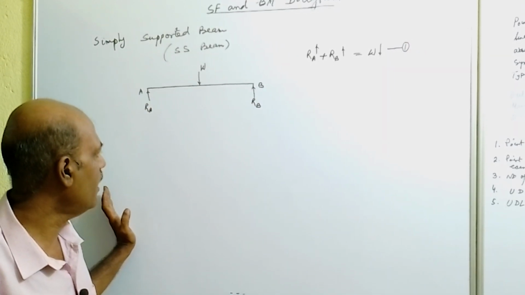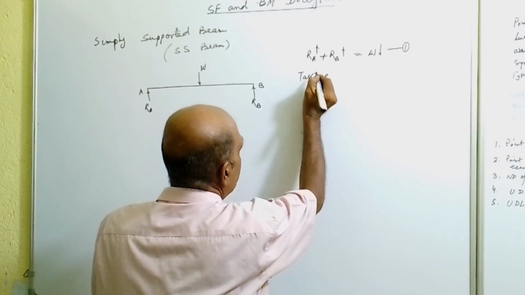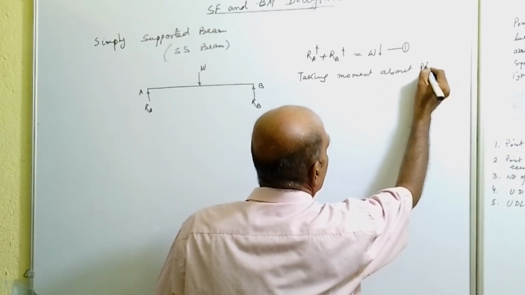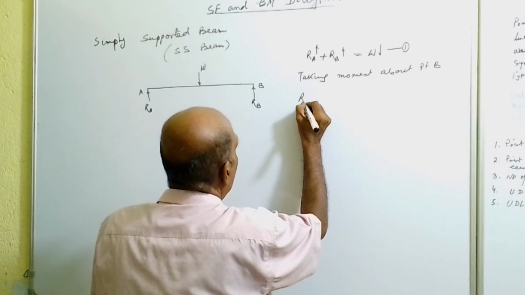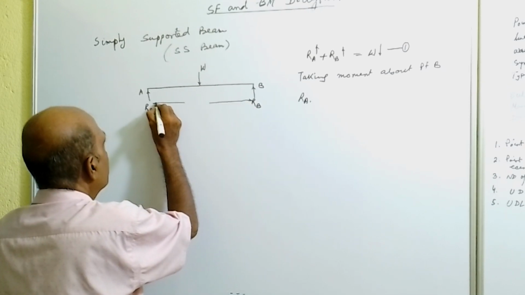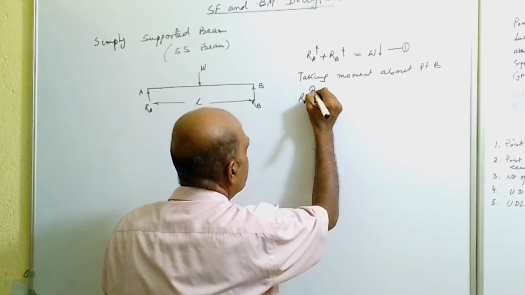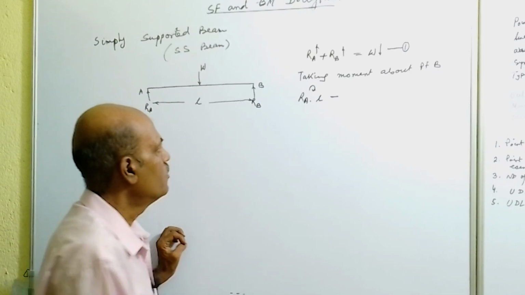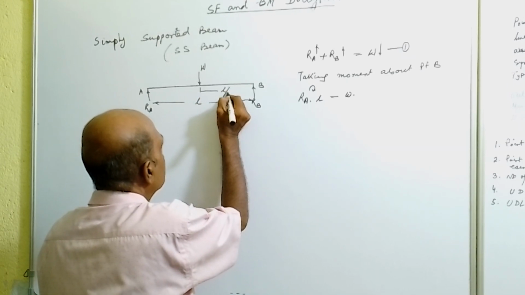Now the second static equation we find by taking moments about point B. Say the length of the beam is L. So RA into L will be a clockwise moment, minus W into L by 2, as this is the central load and the distance from the load to point B is L by 2.